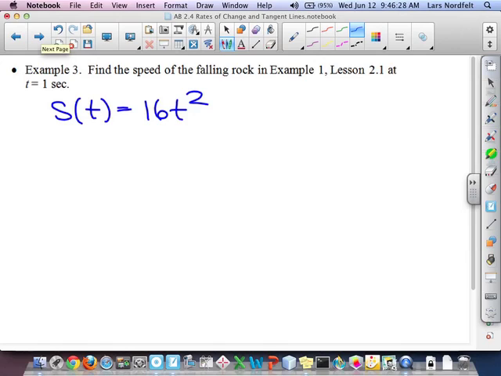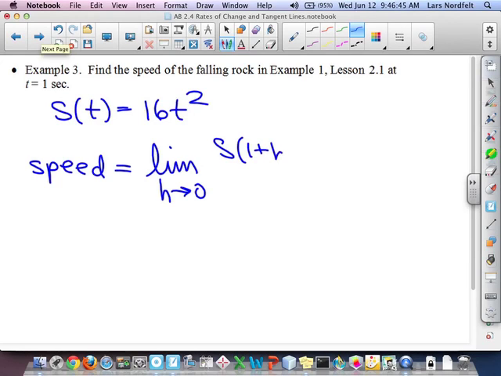So at time t equals 1, the speed will equal the limit as h goes to 0 of s of 1 plus h minus s of 1, divided by h. I'm using the limit of the difference quotient in order to find the rate of change, or the slope.